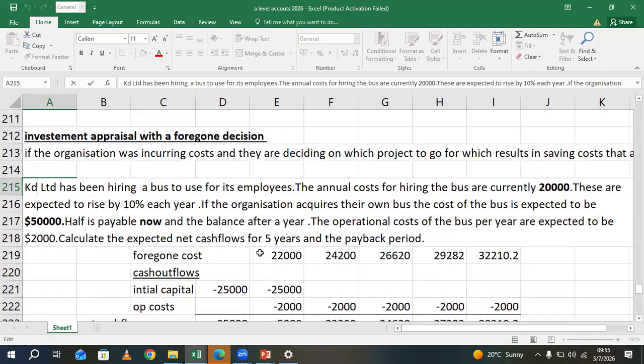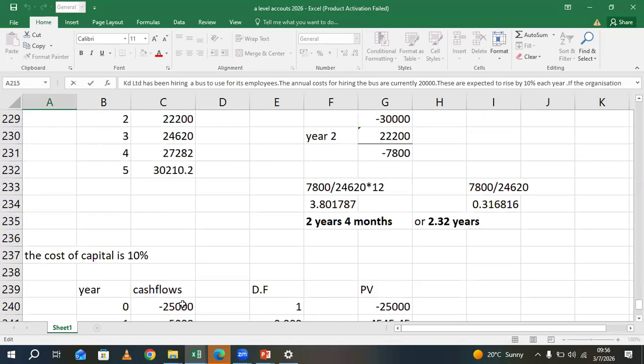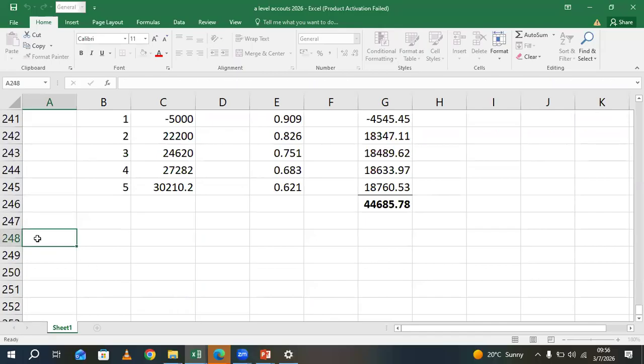Another key thing to take note of: from the operational cost, cash flows should exclude depreciation. NB, for cash flows, we exclude depreciation.